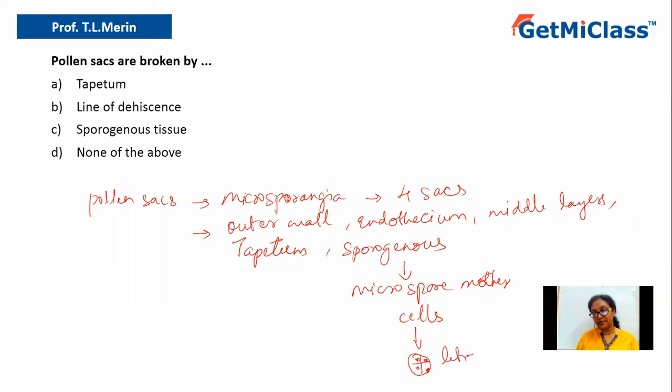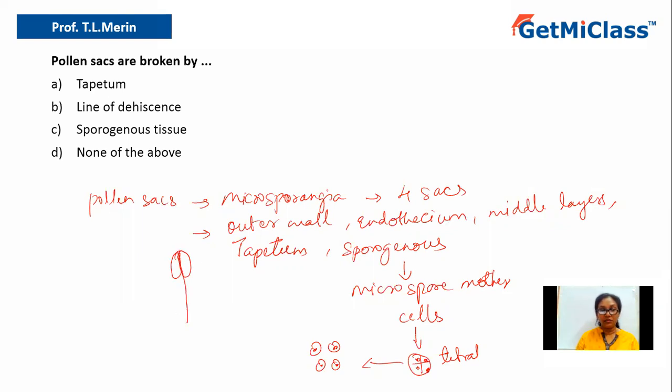This is a tetrad, and these will further give rise to individual haploid cells. These are the young pollen grains. Now this entire process happens within the anther. So suppose this is the anther, and this is the filament. So it is happening within the anther.